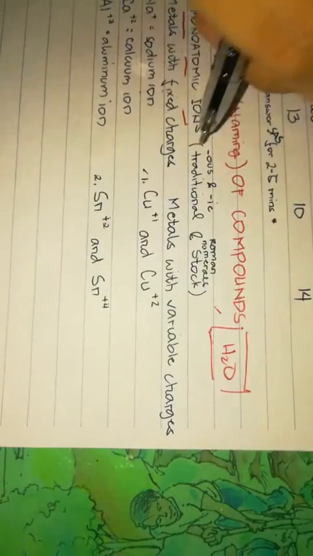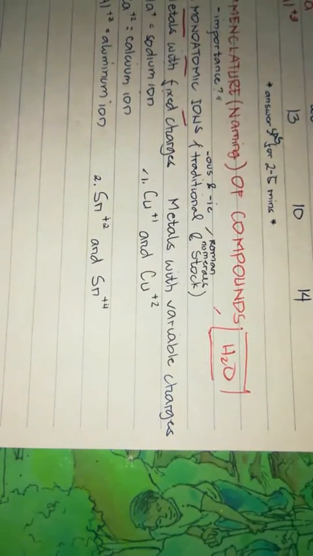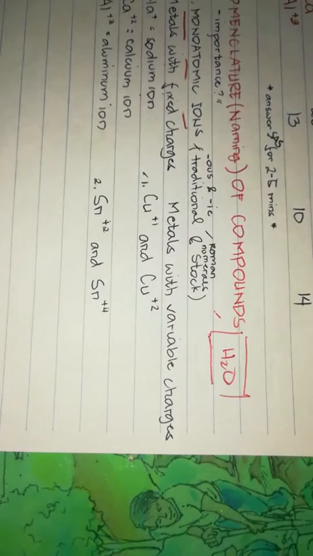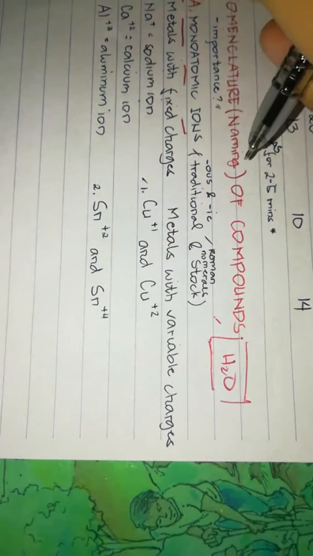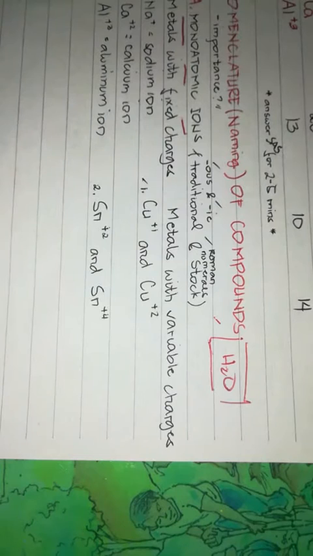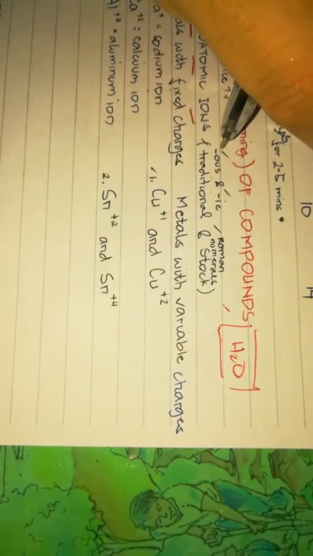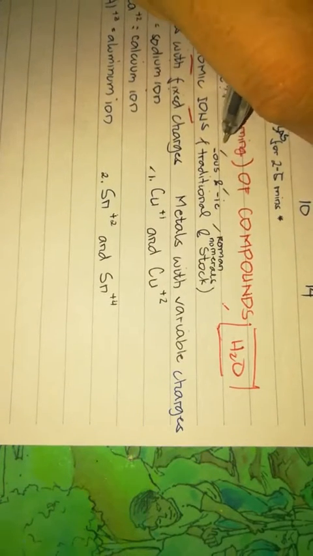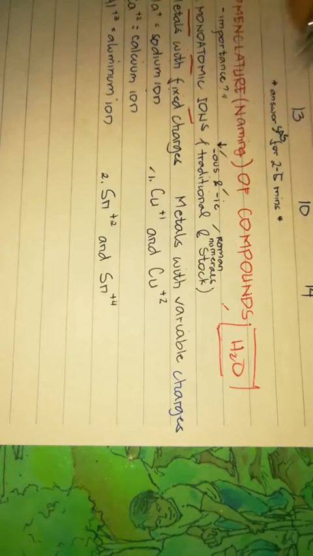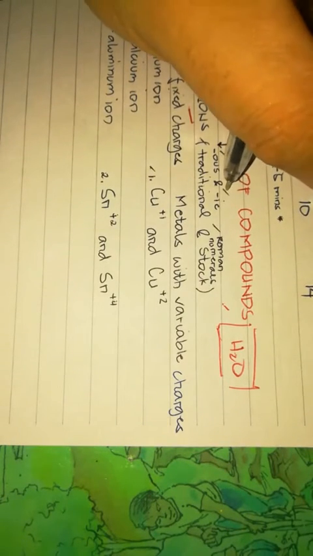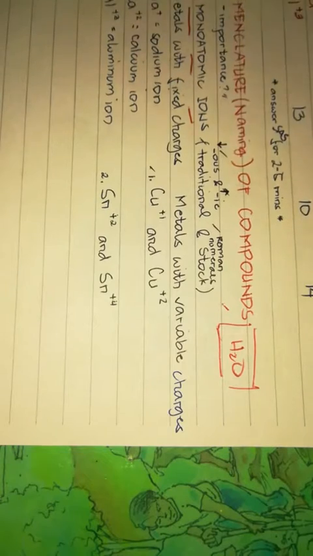We could make use of the traditional or the stock system. Now, using the traditional, we will make use of the suffixes us or ik. Depende kung sino mas mataas or mas mababa. So, using the traditional system, us ang makukuhang suffix ng mas mababa ang charge, ik ang kukuning suffix ng mas mataas na charge.